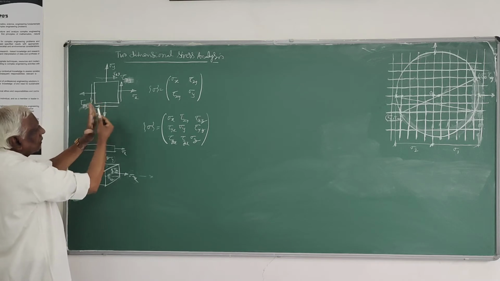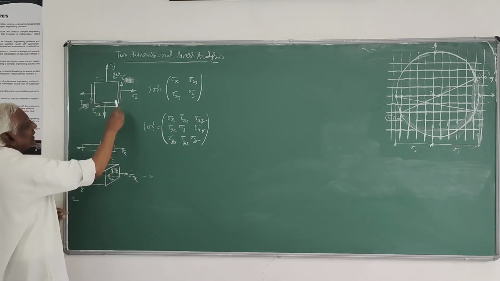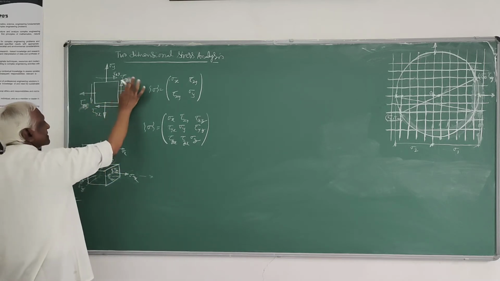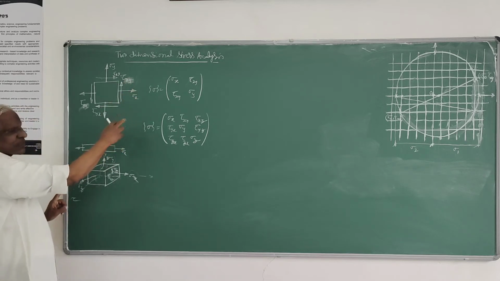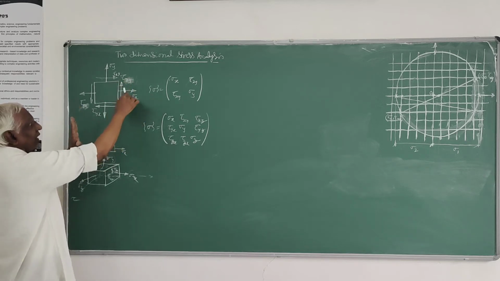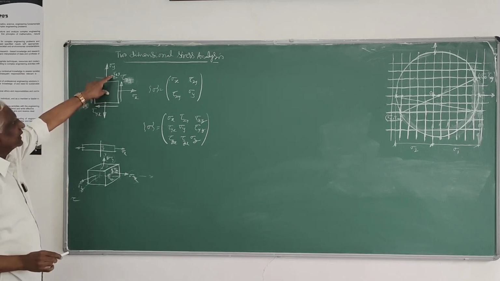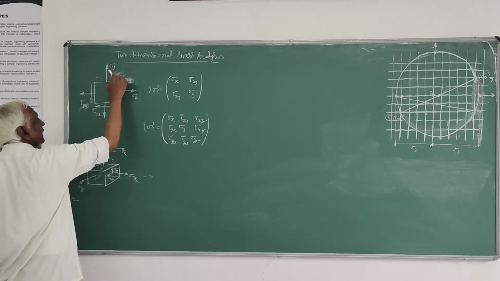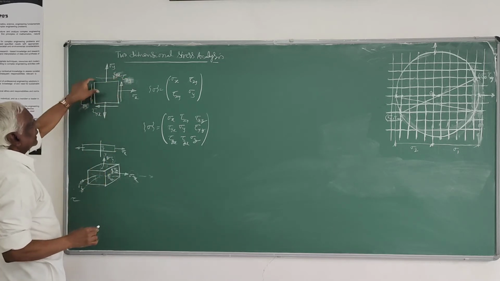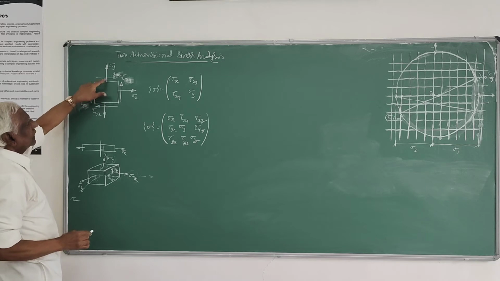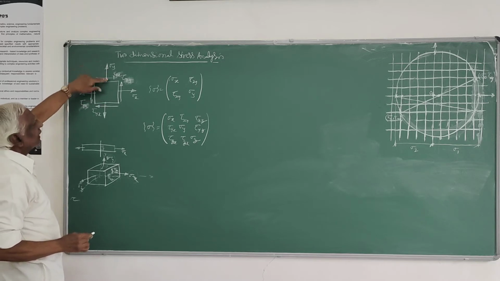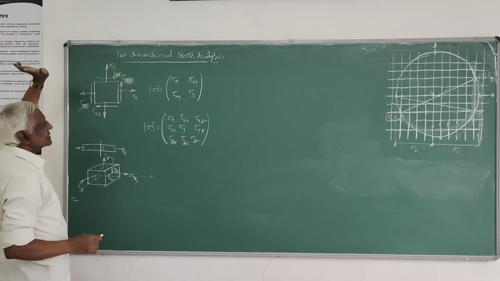So that is tau xy. That is the notation, you can use it: first you represent normal, then you represent direction in which force is acting. Same thing here. Here this has to be tau yx. It is the plane for which normal is y, and it is acting in the x direction.